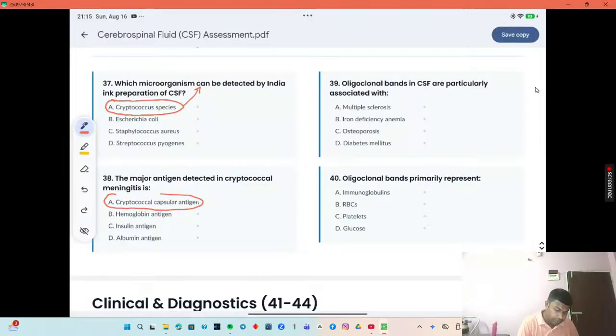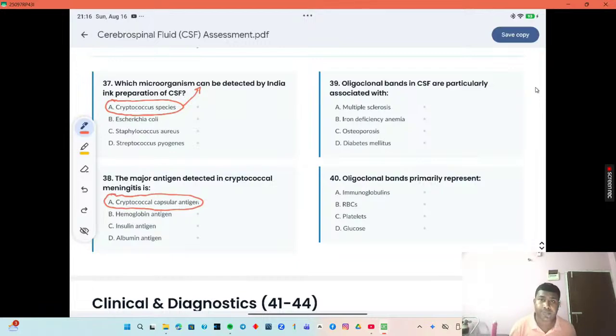The right answer of this question will be cryptococcal capsular antigen. You can see the answer of this question is given in the question itself. Is it clear? So, the major antigen detected in cryptococcal meningitis is cryptococcal capsular antigen.